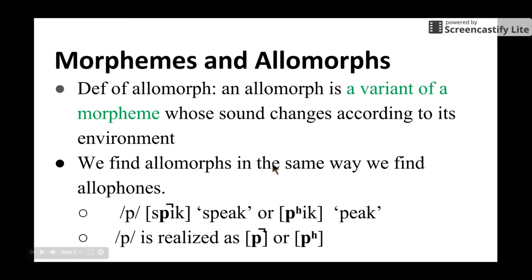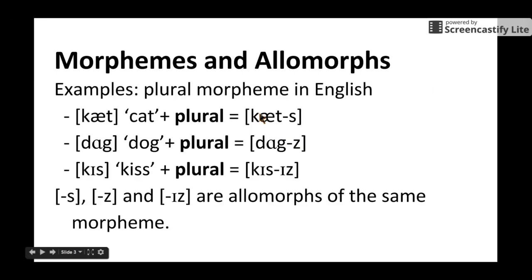A morpheme has a similar alternation. Here's an example. We have the plural morpheme in English, and actually we have three variants of this plural morpheme. When we have a voiceless sound at the end of the root, we get s.